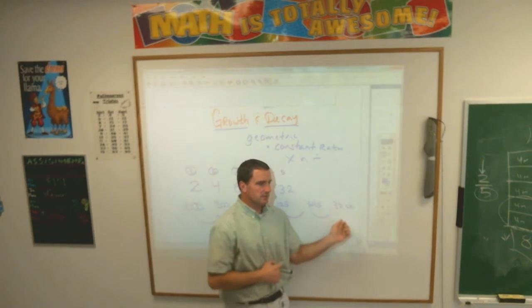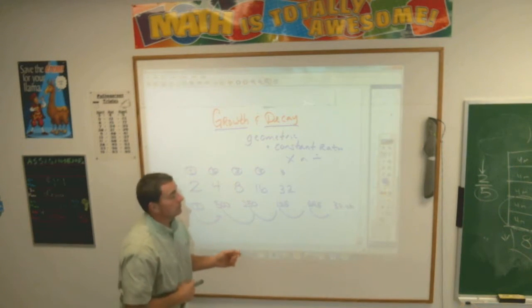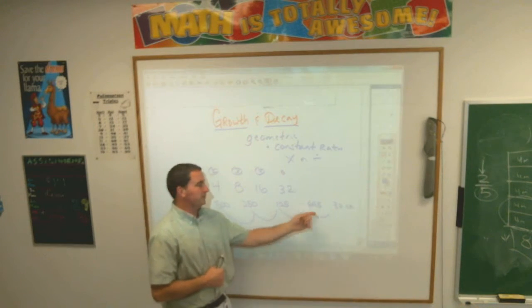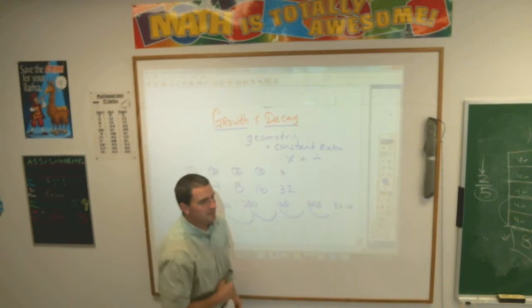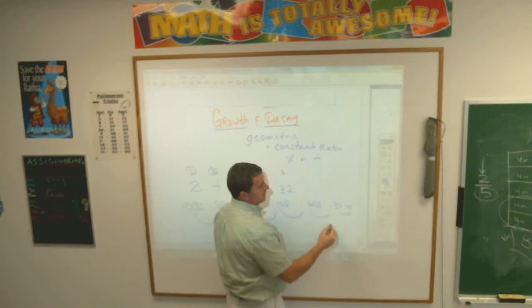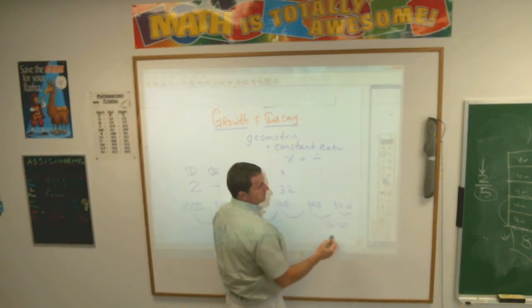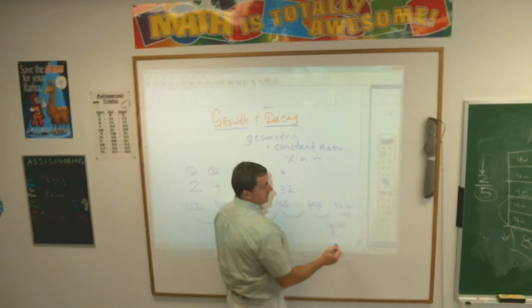Did I do that wrong? No, I'm just wondering what it was. You can't do that math, Alex. Half of 64, huh? That's what happens when you go to the orthodontist. Half of 32.25, can you do that? How about 16.125? Is that right? Half of 16.125? 8.0625?